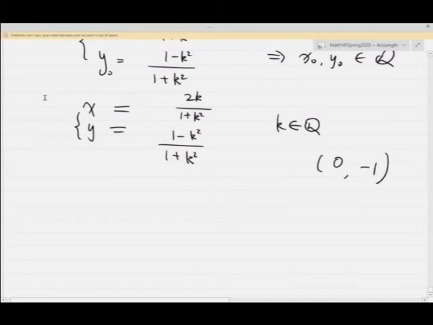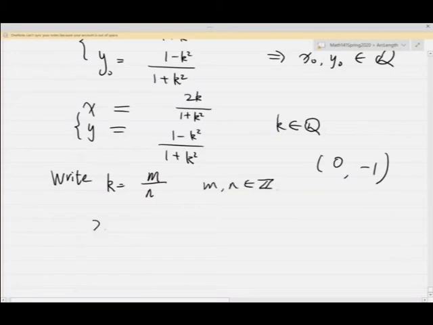Now let's solve this problem. Let's change this a little bit. If k is rational, write k as m over n, where m and n are integers.